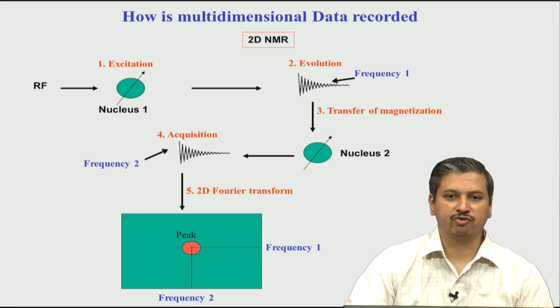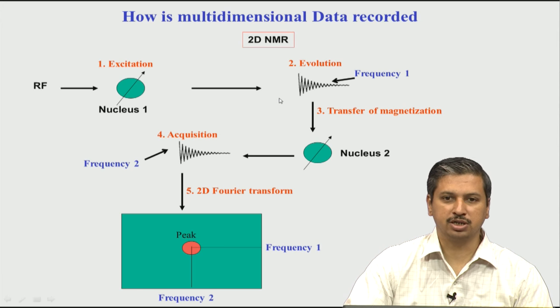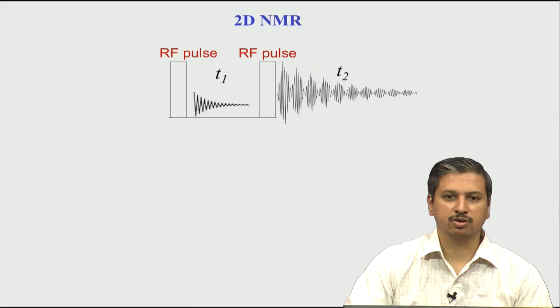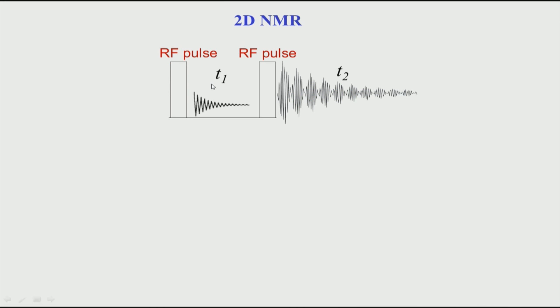Now, let us see how physically, I mean this is a schematic, this was all done as a qualitative explanation. Now, actually in an NMR instrument, how do we record or carry out a 2D? So, we will see here. This is what we start with again, if you remember the previous slide, we first apply an RF pulse.